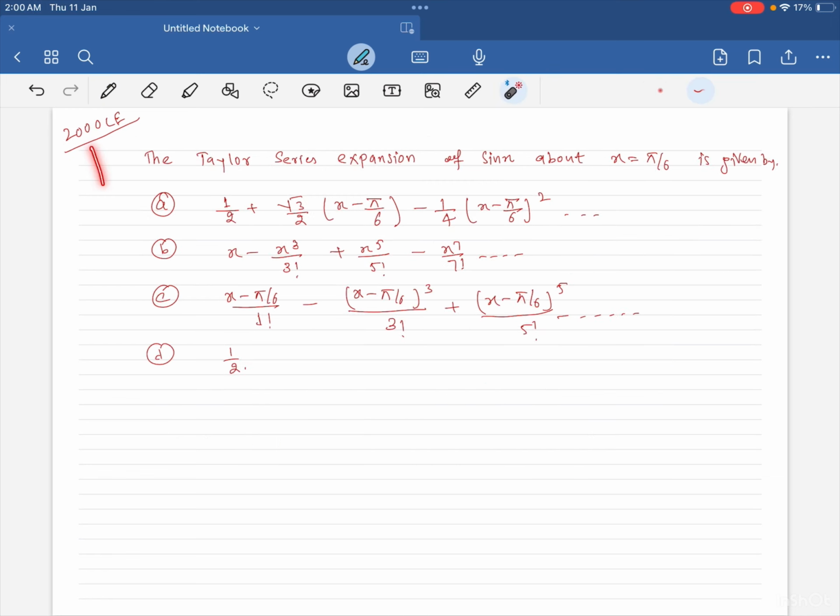So this question is from 2000 CE, the Taylor series expansion of sin x about x is equals to pi by 6. So similar kind of question.